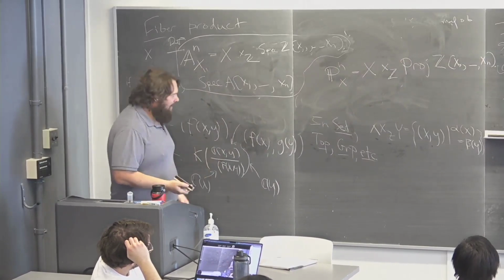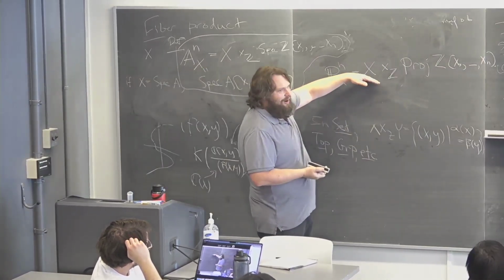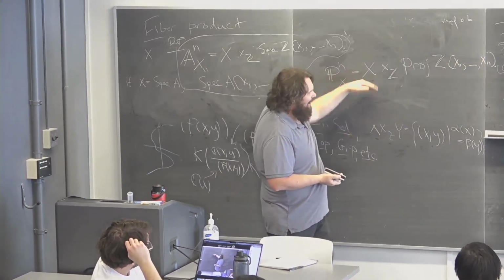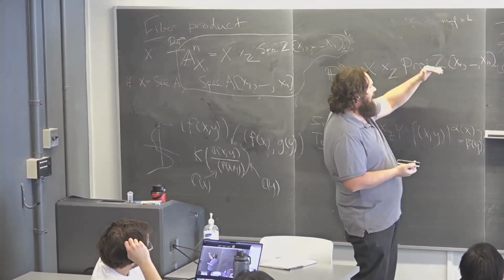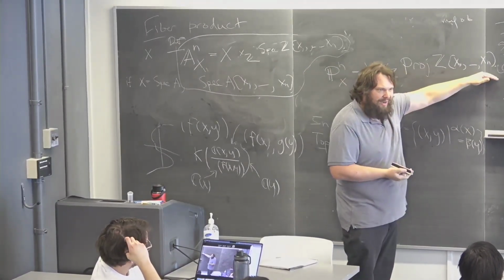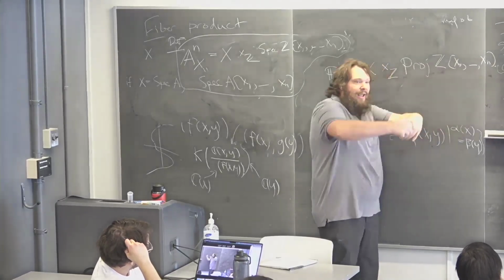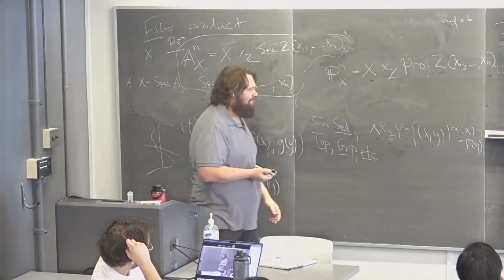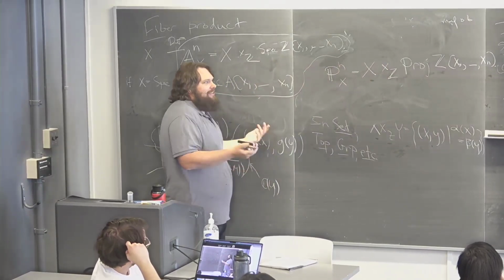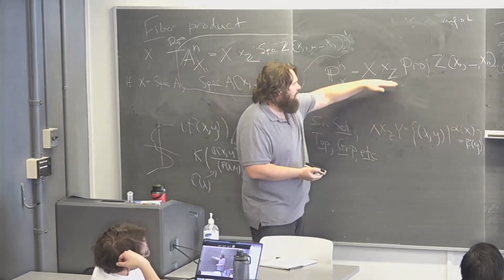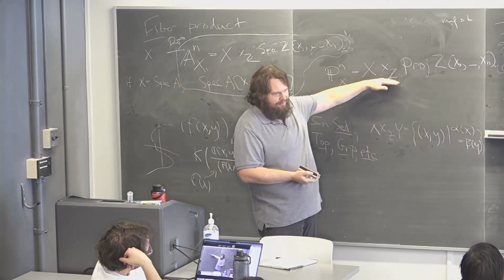And again, what does this mean? This means locally I cover X with affines. For each of those affines, I look at Proj of that ring adjoin n plus 1 variables, and then I glue them all together. But I don't have to actually say that. That's all built into the definition of fiber product.